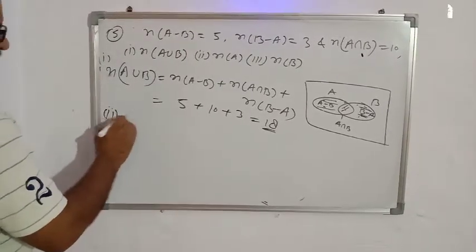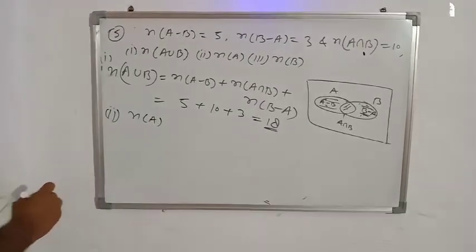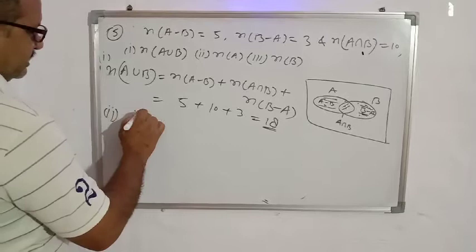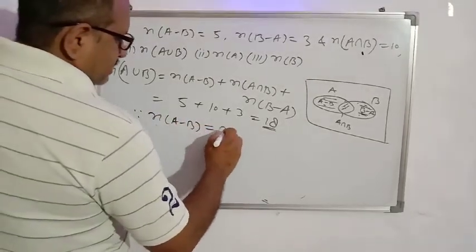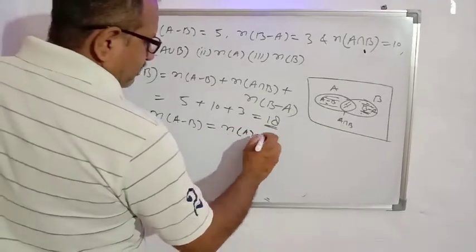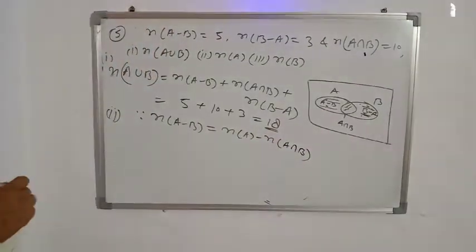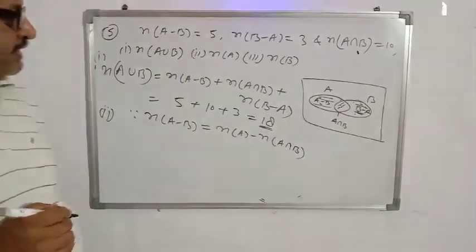Second, n(A). We know that n(A minus B) is equal to n(A) minus n(A intersection B).